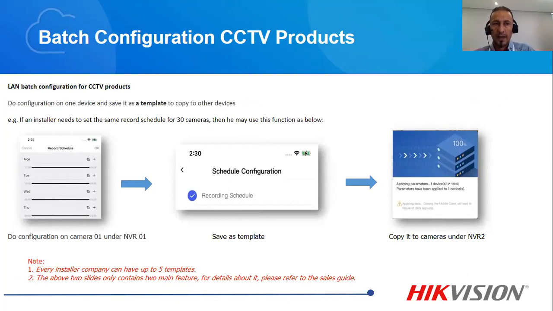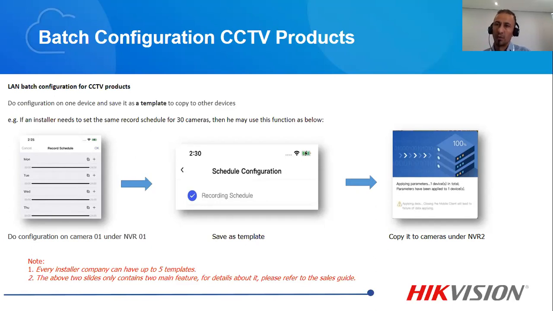So this is just our LAN batch configurations for CCTV. If you're looking at this particular CCTV topology, we're looking at our recording schedule. If we have multiple NVRs on site or multiple cameras added to an NVR, we are then able to set up a recording schedule. We can save that particular template and copy it to our physical cameras.